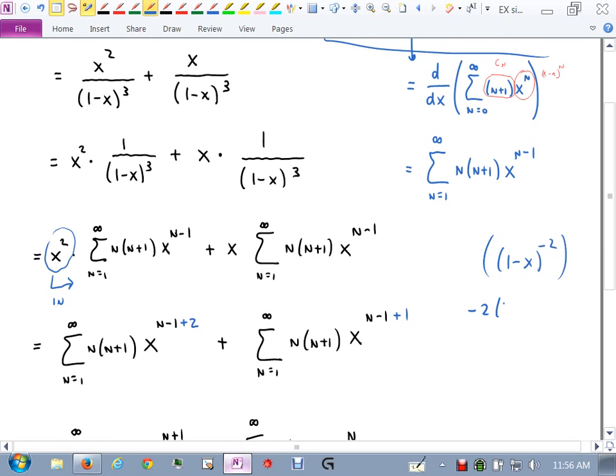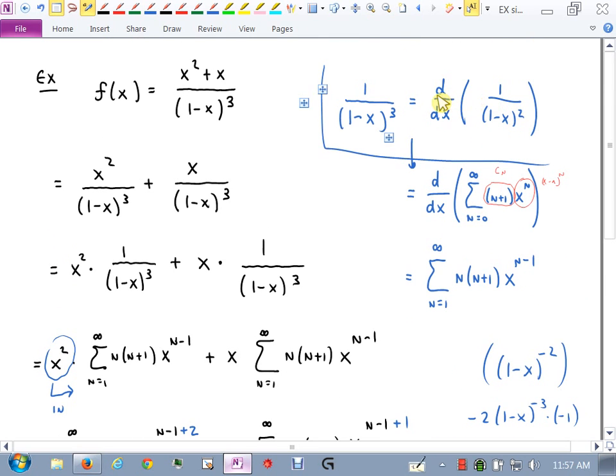Negative 2, 1 minus x to the negative 3 times negative 1, which is going to be 2 over 1 minus x to the third. Right? I said that the derivative of this is exactly this. It's not. It should be what up here instead? 2, right? Okay, so I have to fix this or else it's going to be wrong.